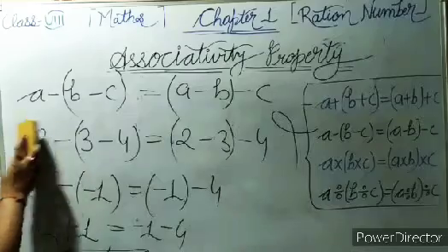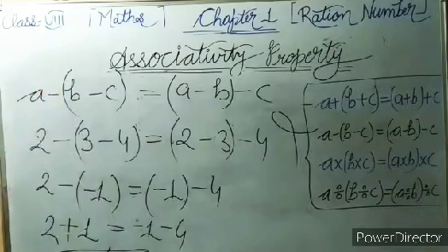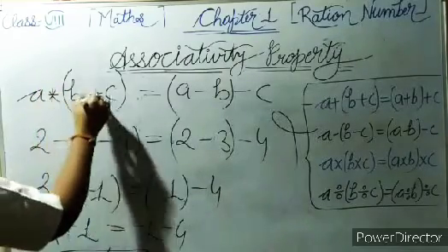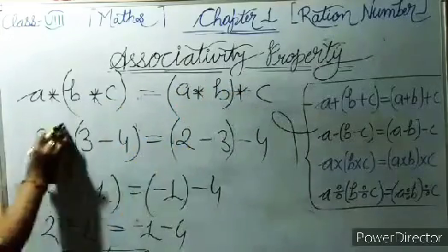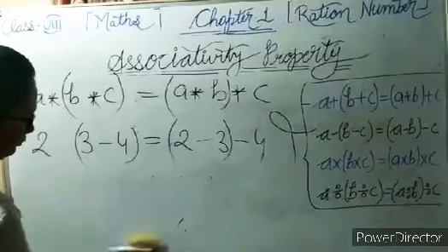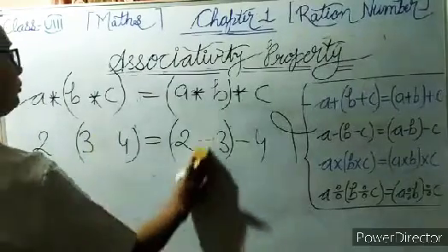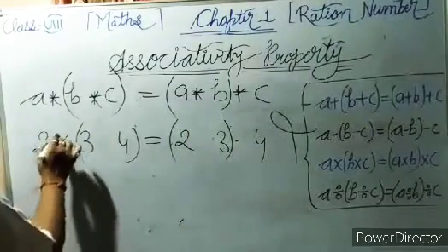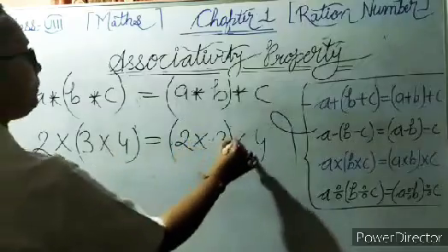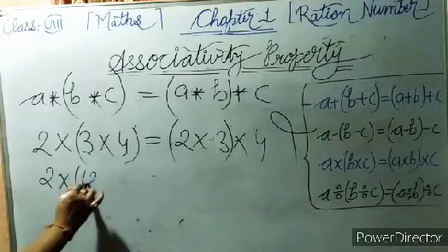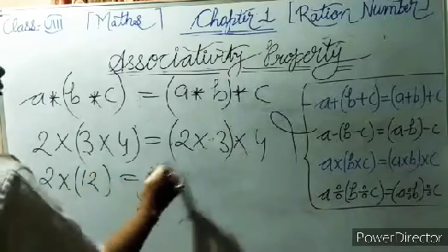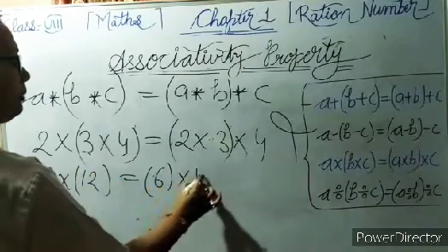If we put multiply here, we get 2 multiplied by 3 fours, which are 12, and 3 twos, which are 6, multiplied by 4.